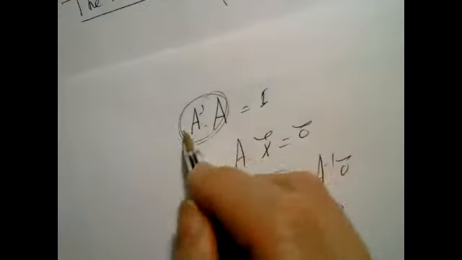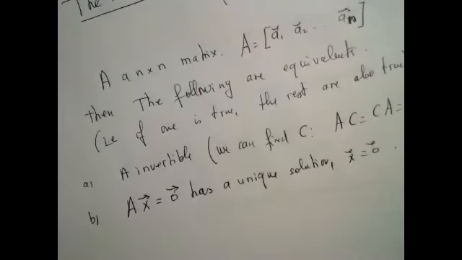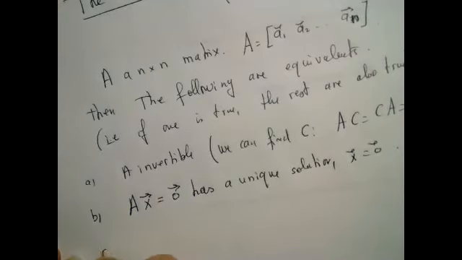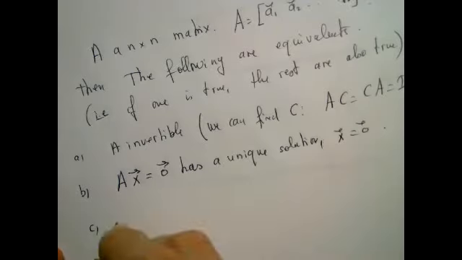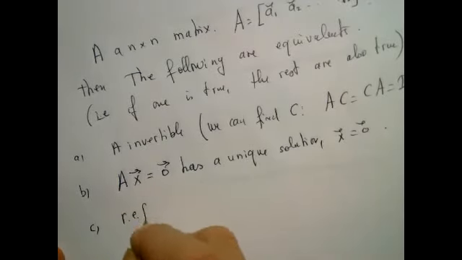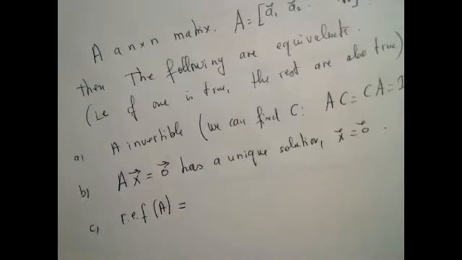So the invertibility, meaning the existence of something that when you multiply it by A gives you the identity, forces AX equal to 0 to have a unique solution. Now, if AX equal to 0 has a unique solution, what can we say about the reduced echelon form of A?